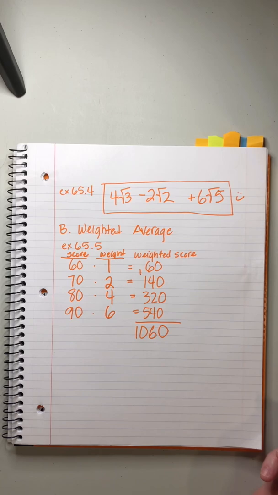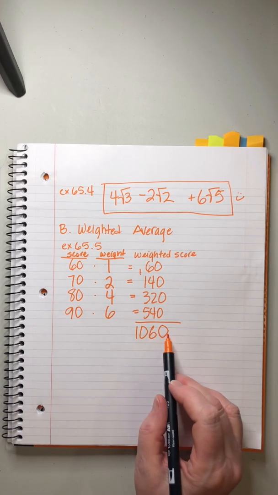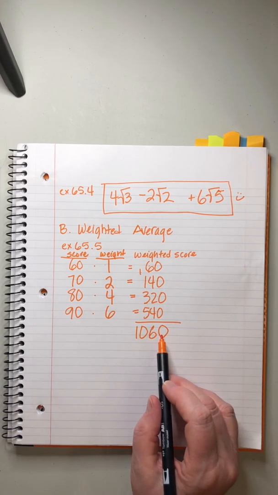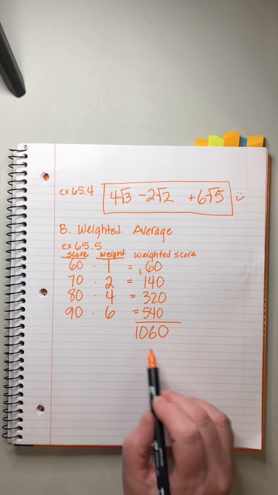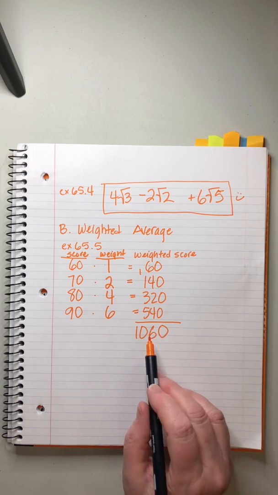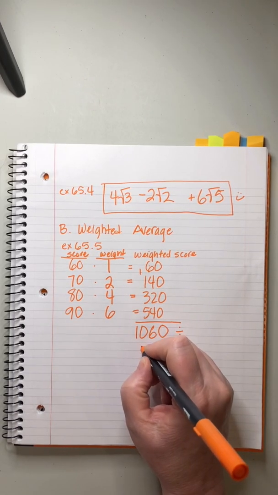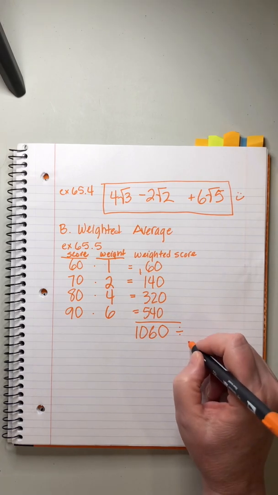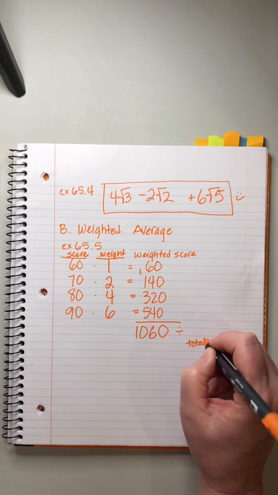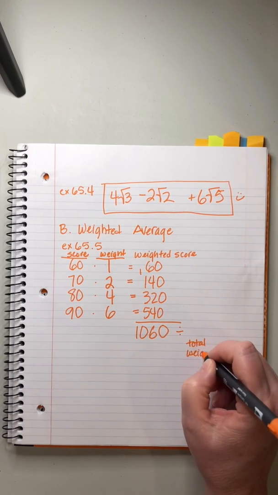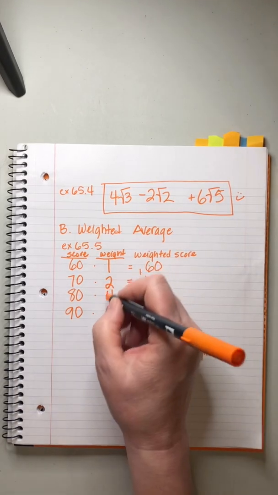So that's the total points that our friend earned on all of his papers, right? So now what we have to do is divide this number by, this is the weighted score added up. So we want to divide it by the total of the weights: 1, 2, 6, and 4.